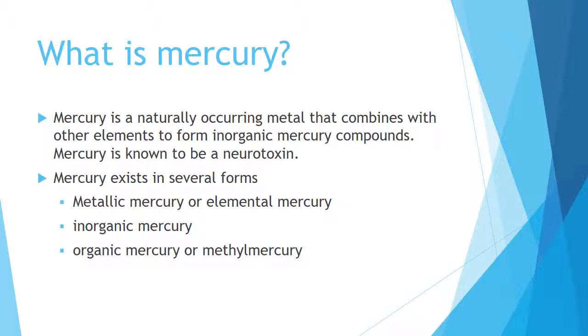Mercury is a naturally occurring metal that is combined with other elements to form inorganic and organic mercury compounds. It's also known to be a neurotoxin, and poisoning can result from exposure to water-soluble forms of mercury or by inhalation or ingestion of any mercury.